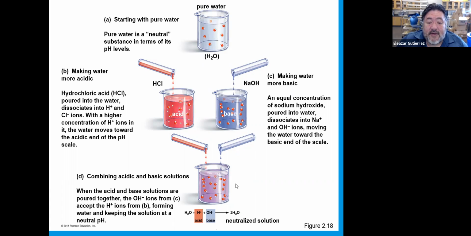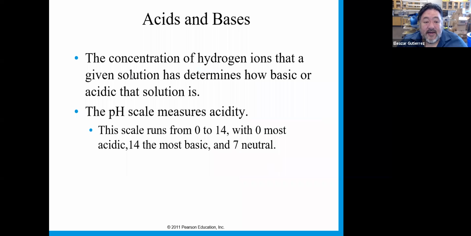If you combine them, it doesn't go to purple, it goes back to clear. I don't know why they're putting purple here. That's cute. But what happens if you mix equal amounts of each, they neutralize each other. The pH goes back to 7, and it goes back to clear. It doesn't go to purple. This is a cute little illustration. Okay.